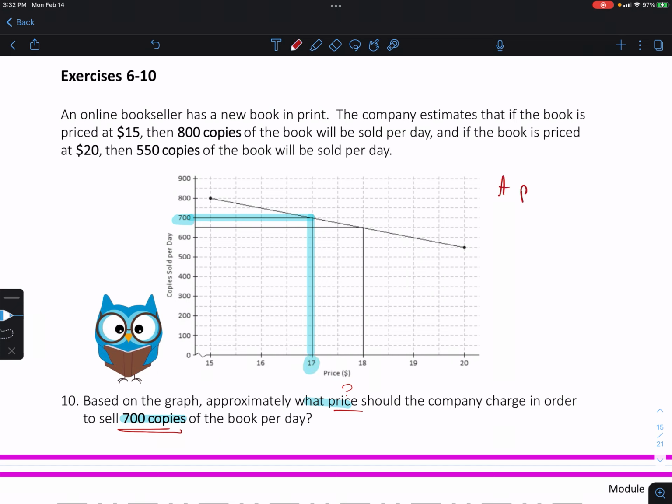This point right here is 17, 700. A price of $17 will sell 700 copies of the book.